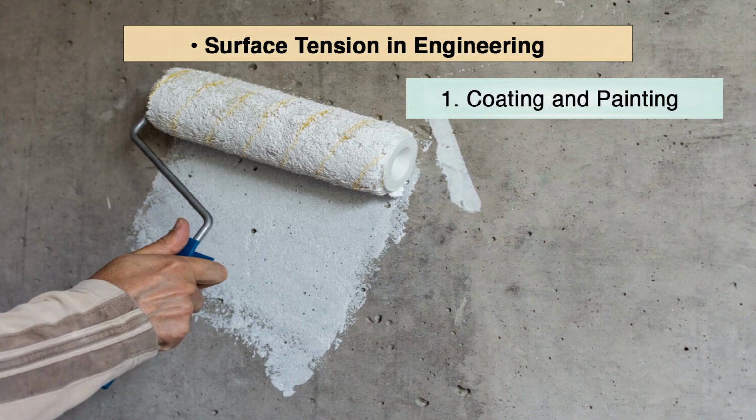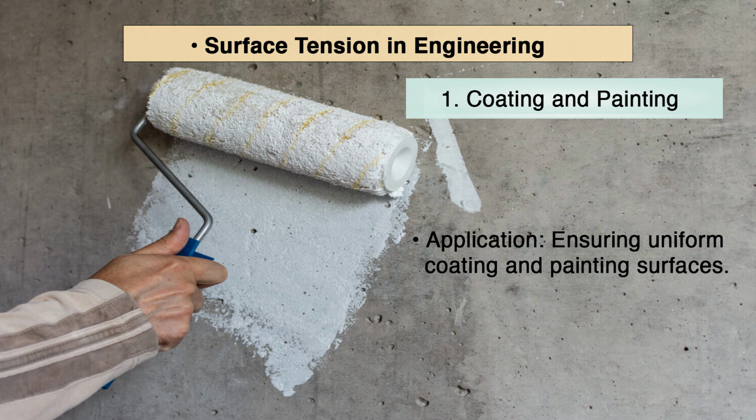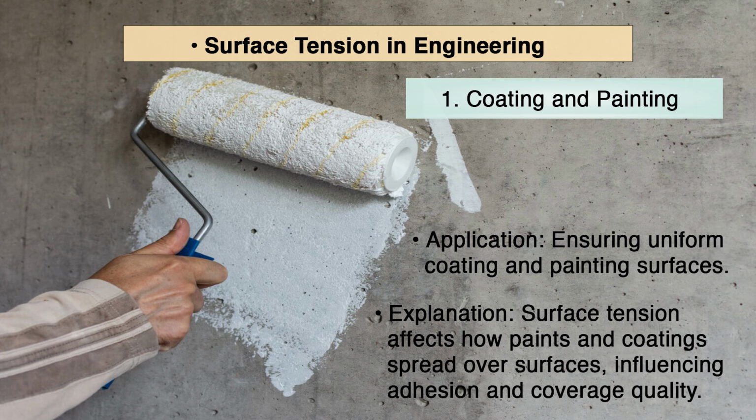Surface tension plays an important role in engineering, such as in coating and painting, ensuring uniform coating and painting of surfaces. Surface tension affects how paints and coatings spread over surfaces, influencing adhesion and coverage quality.